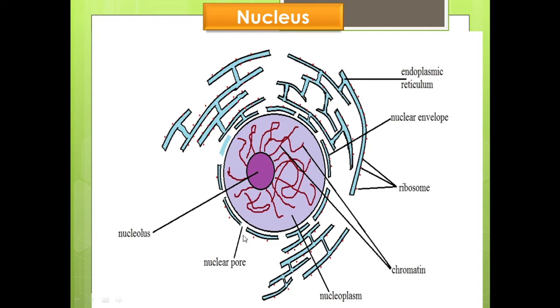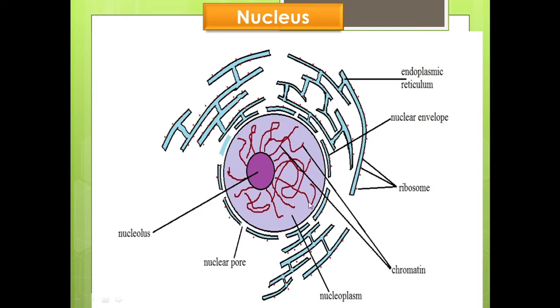These pores are nothing but channels surrounded by proteins, and whatever enzymes and metabolites are needed inside the nucleus to perform different processes, which we are going to learn further in these slides, are transported through this nuclear pore inside the nucleus.